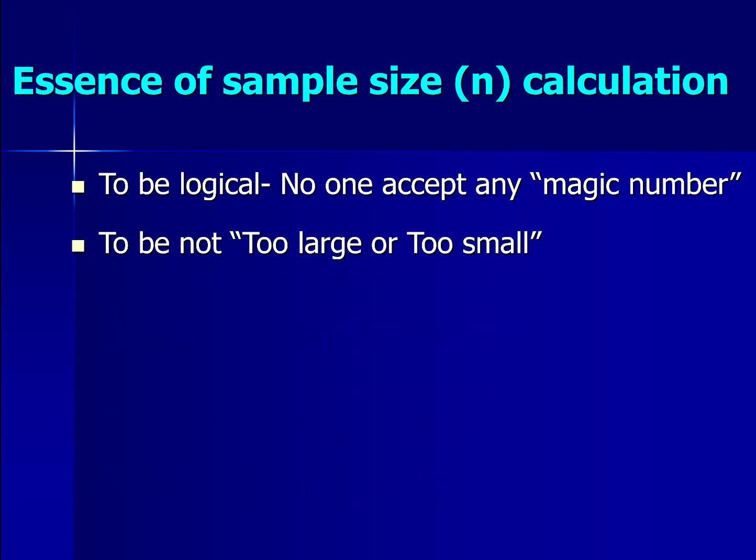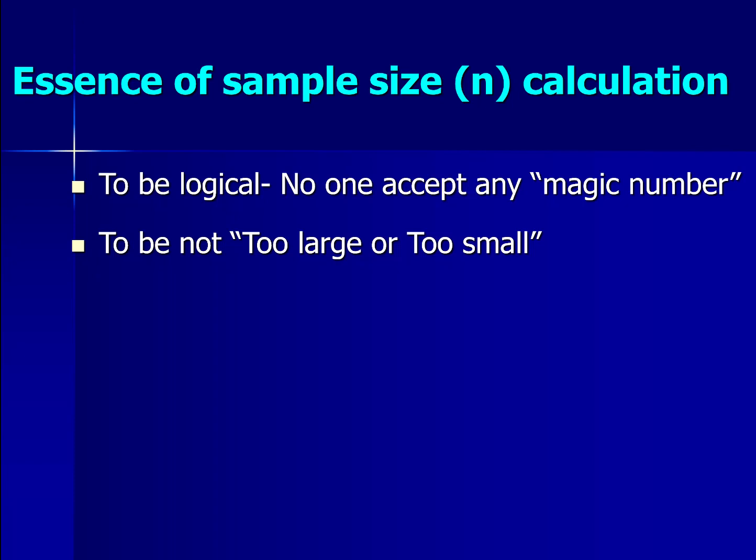Second, to be not too large or too small, because the sample size leads to the budget. The larger the sample size, the higher the budget we need to conduct the study.